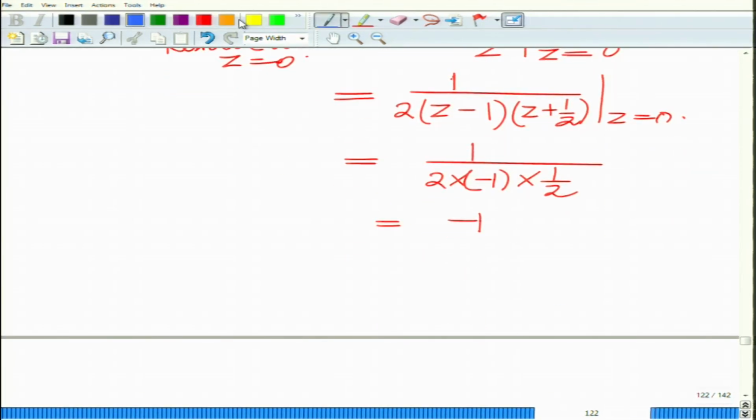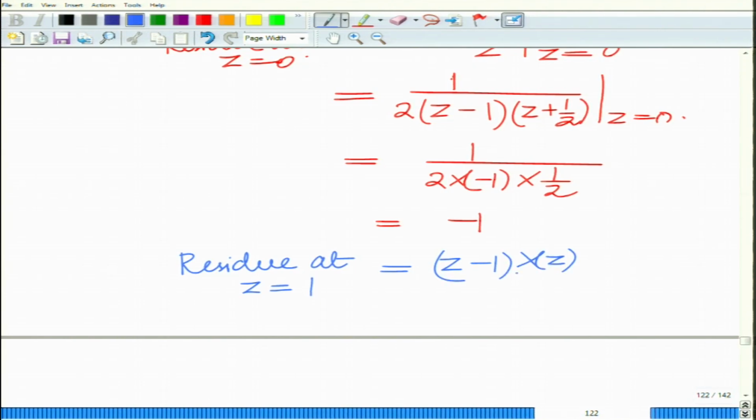Now, the residue at z equal to 1 will be (z minus 1) into x(z) over z evaluated at z equal to 1.